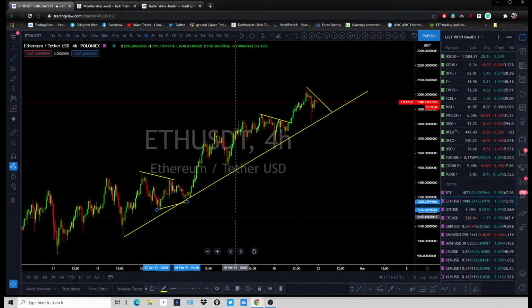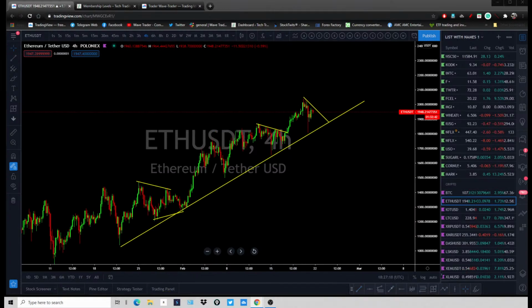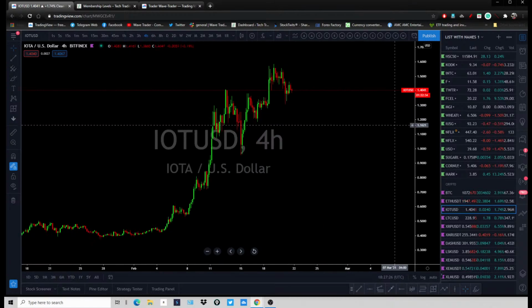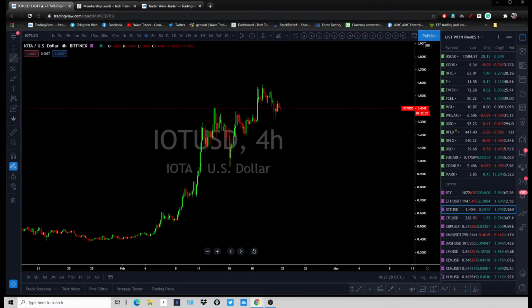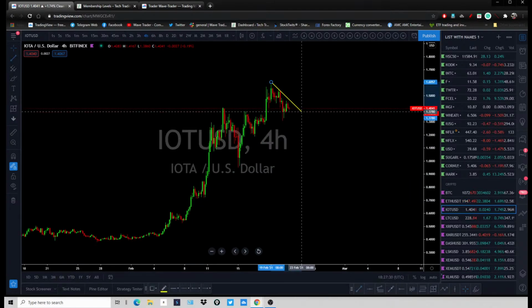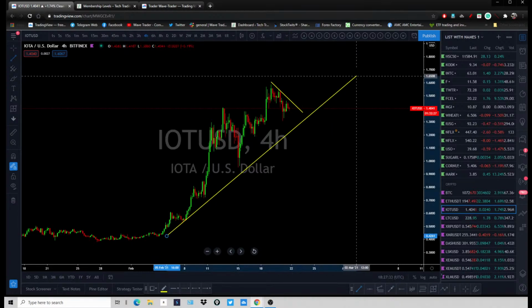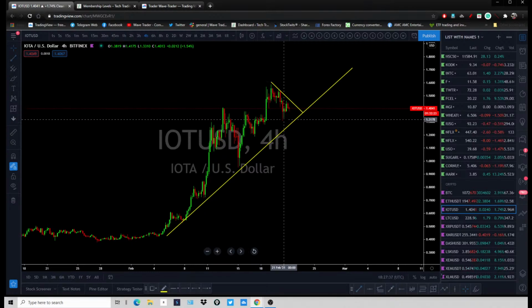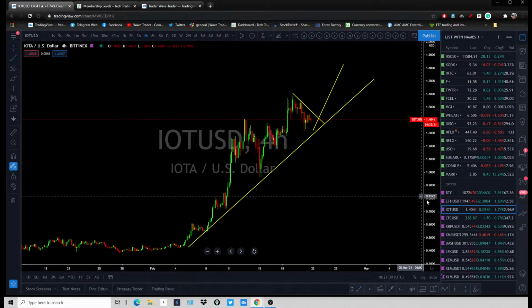If you are a longer term buyer holding these coins, you are making tons of money on them. Ethereum's IOTA is also the same. IOTA is just running away from the lows, 140 now, and correction just keeps breaking higher. That's the trend.